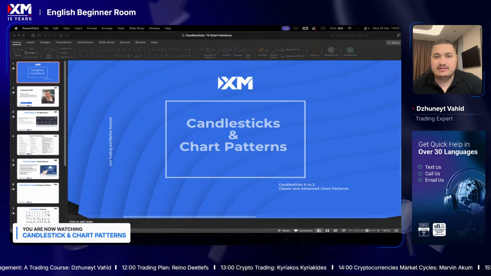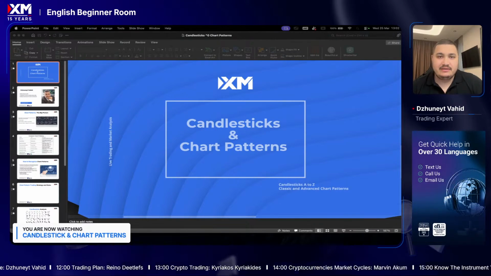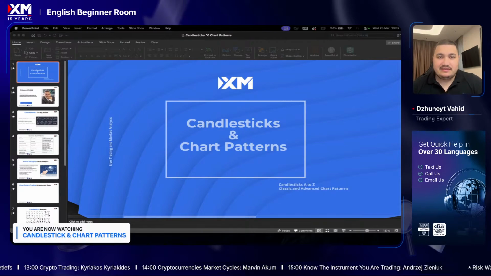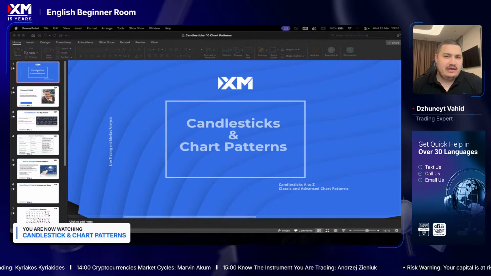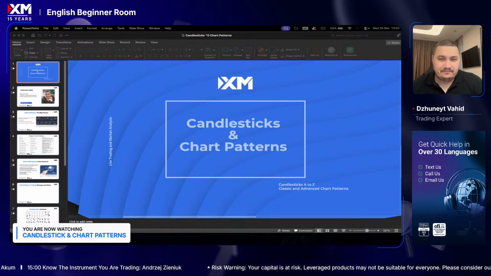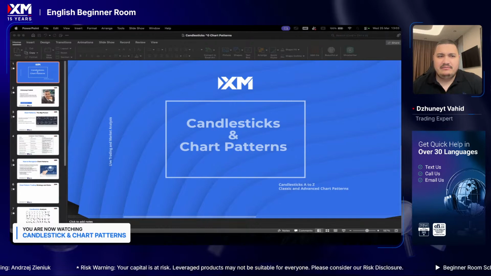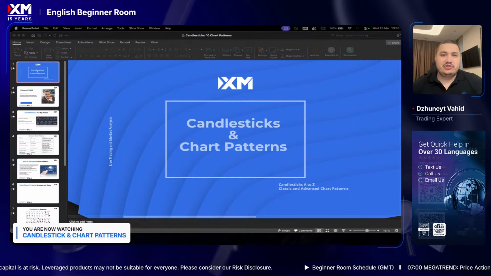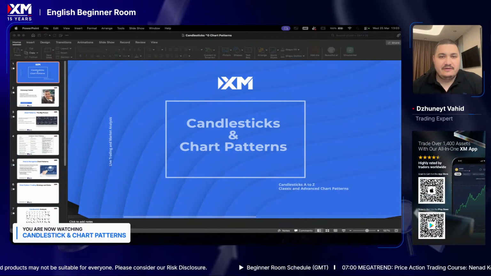I do use candlesticks from both Eastern and Western ways, because the candlesticks are actually Japanese candlesticks, starting a long time ago in Japan. Japanese traders that were trading rice created those candlesticks, which are actually genius. It's not so much information, but it's enough to give us the information of what happened in the session.